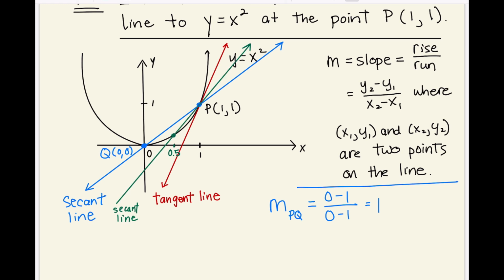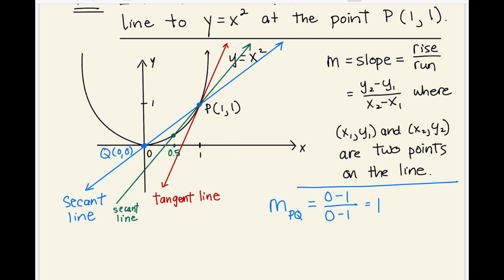Now you can see that the secant line that passes through these 2 points has a slope that is actually closer to the slope of the tangent line. I can continue this process and get closer and closer to 1. I can also take values that are to the right of 1 and use the same process.